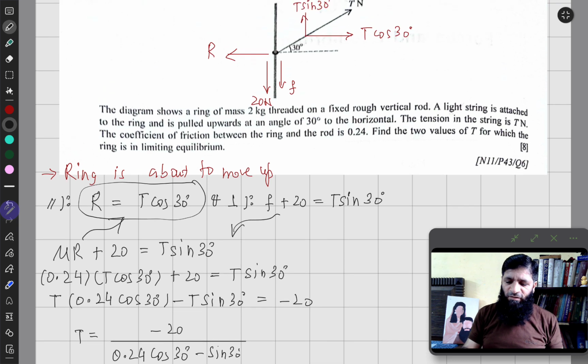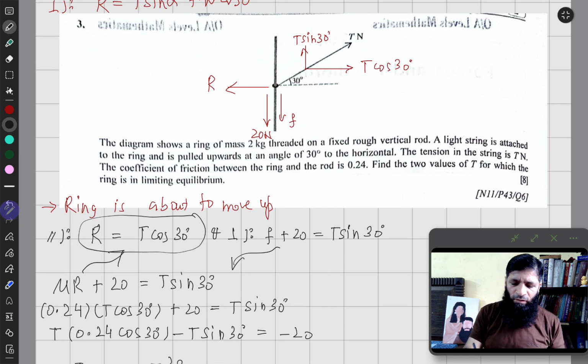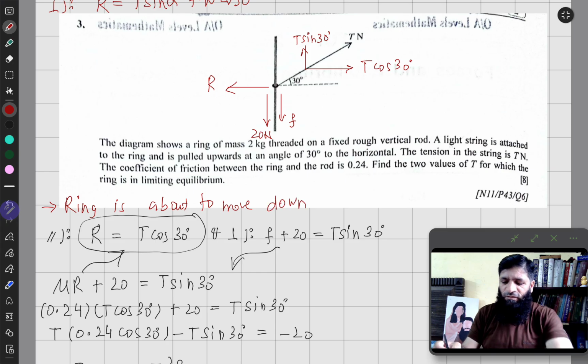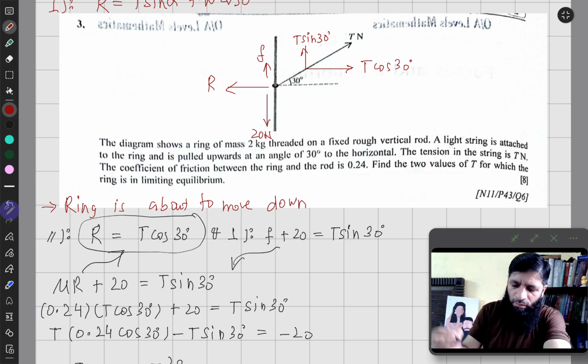Now look at the second case. In this case, the ring is about to move down, so the force of friction will be upward. Now you can see that the horizontal components will remain the same, but there will be a difference in the vertical components.